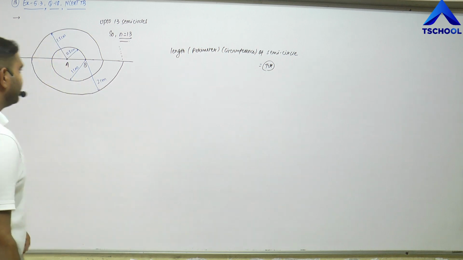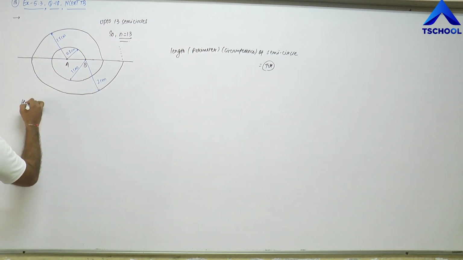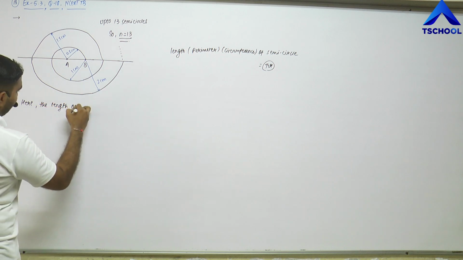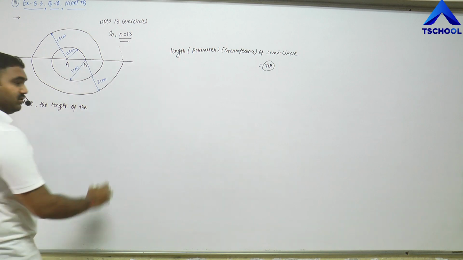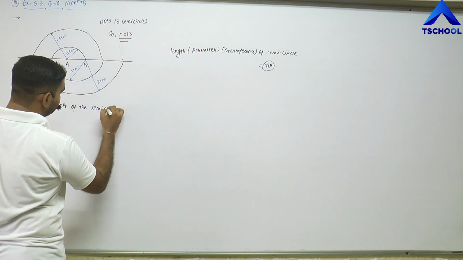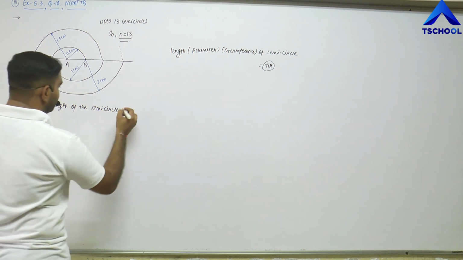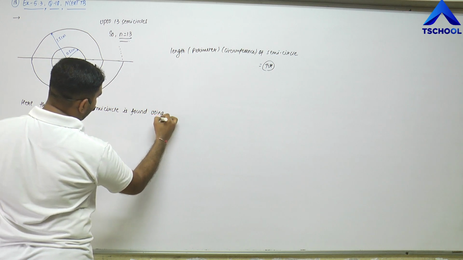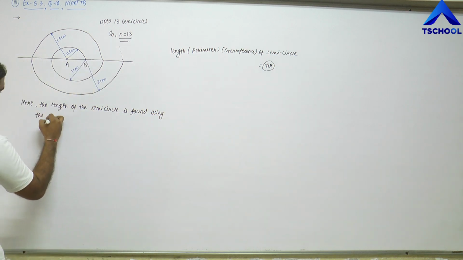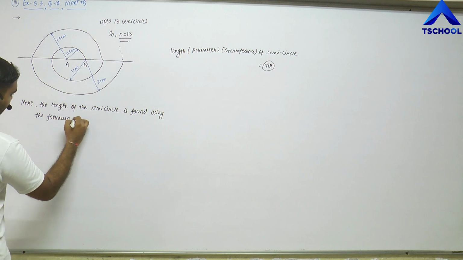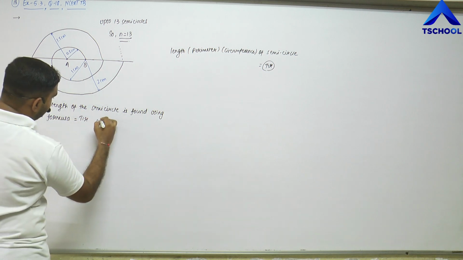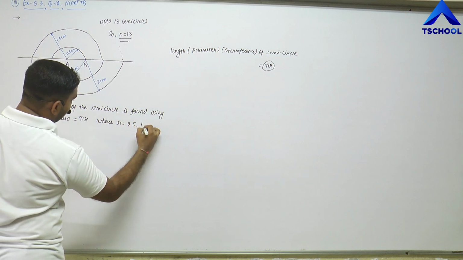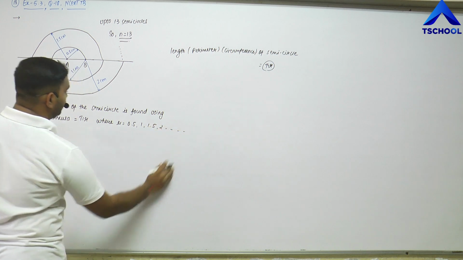So using the fact, the length of the semicircle is found using the formula pi r, where r is equal to 0.5, 1, 1.5, 2 and so on, right?